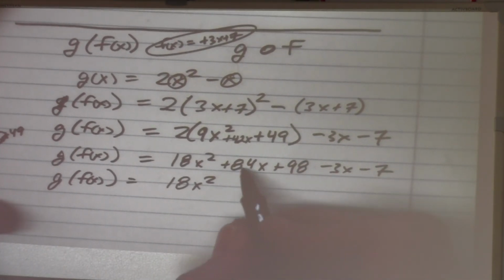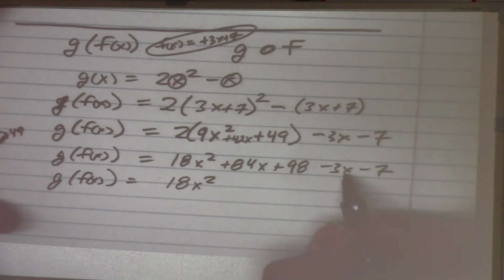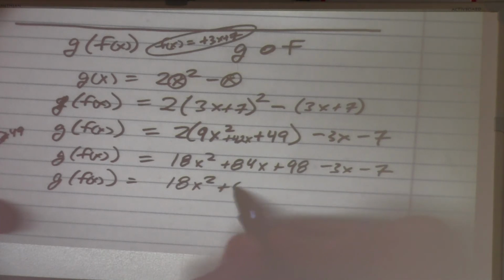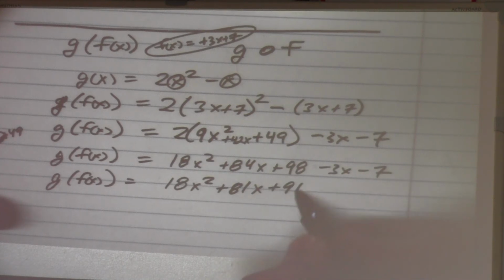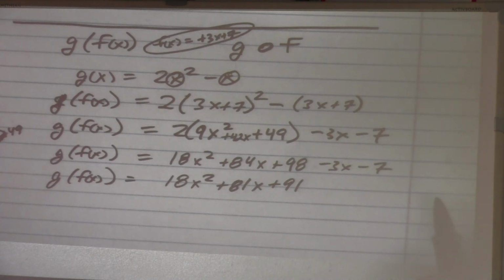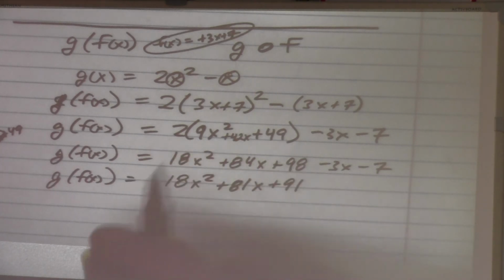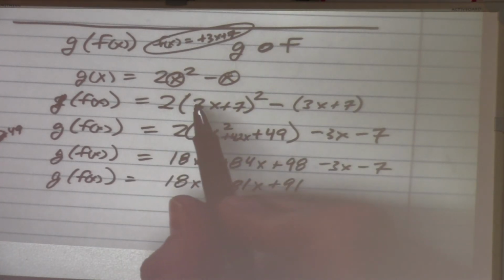All right, so 84 and minus 3 of them makes plus 81 of them, and 98 of them, take away 7 of them, is 91 of those. And I think I now have all the negatives right, with that one being a positive.